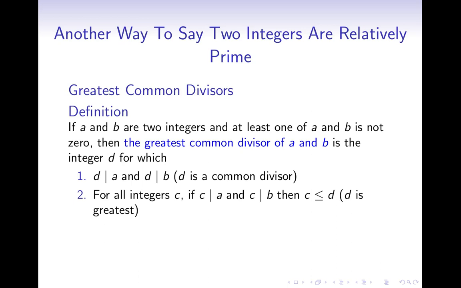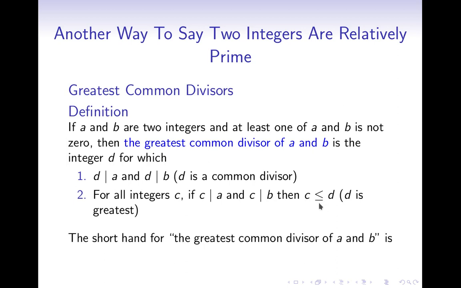For all integers c, if c is a divisor of a and a divisor of b, then c has to be less than or equal to d. And this is sort of a long phrase, so it has a shorthand. The greatest common divisor of a and b is usually written GCD of a, b.